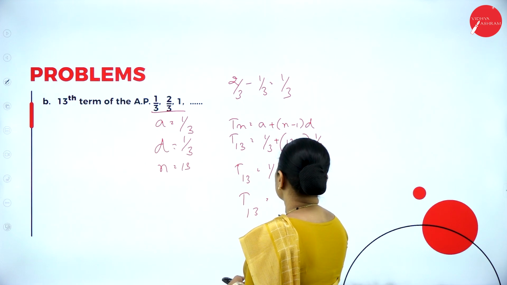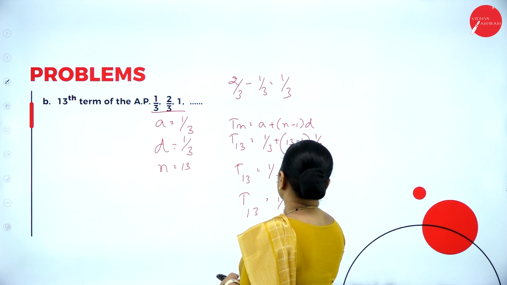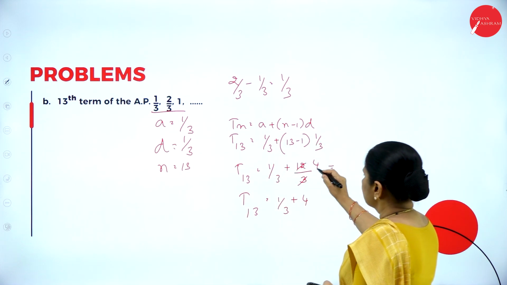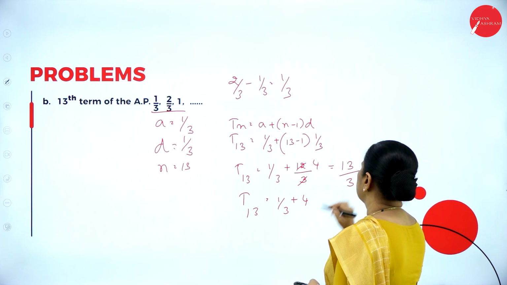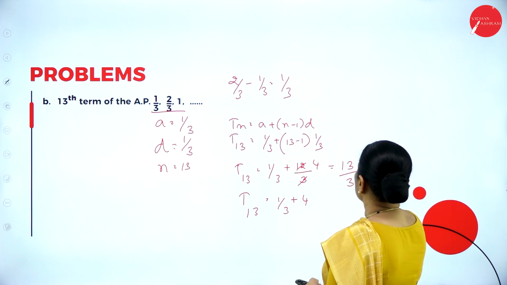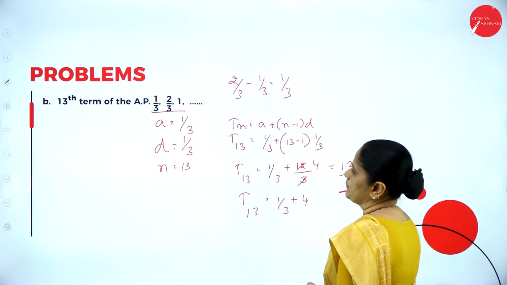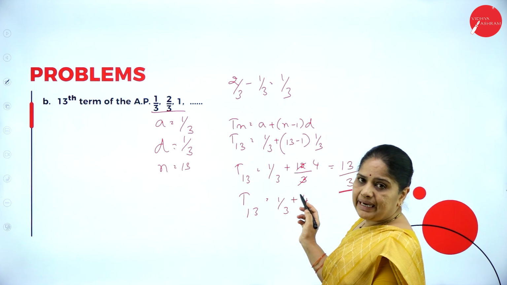T13 equals 1 by 3 plus 4. Or instead of simplifying this, I can just directly write it as 13 by 3. So 13 by 3 will be the answer. So the 13th term of the AP is 13 by 3.